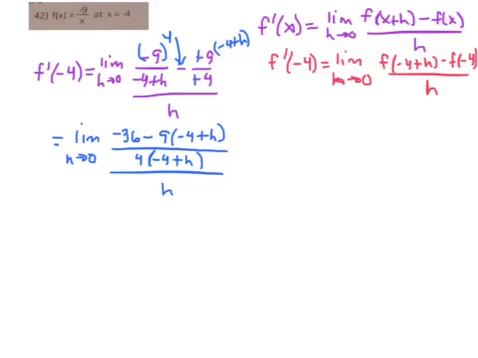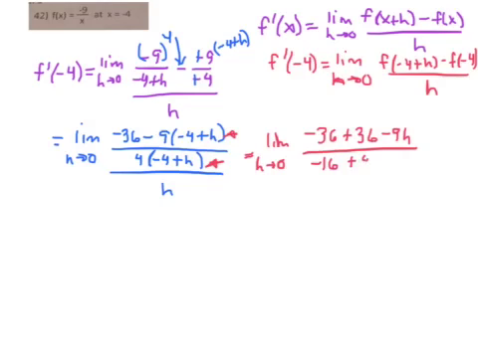Okay, so what happens here? Let's distribute on this part and this part. So negative 36 plus 36 minus 9h over negative 16 plus 4h. This is all over h, which is the same thing as h over 1.